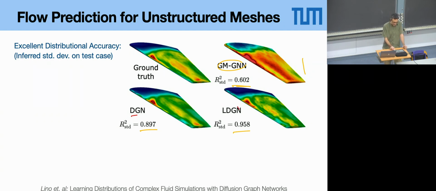The DGN version here seems to have a bit of a noisy standard deviation, but it recovers a bit more of these peaks on the top of the wing. But even in this case, these values are not fully on par with those of the ground truth. This is where this remainder potentially comes from. Especially the spikes, the outliers in the distribution, are what's difficult for these methods.